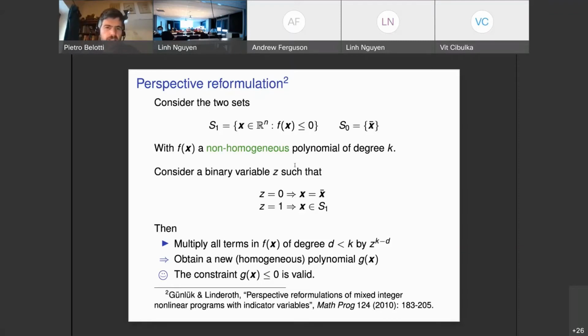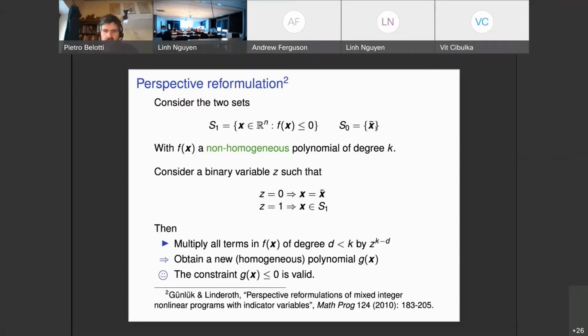Suppose you have a set S1 that is described by the set of points x in Rn such that f of x is less than or equal to 0. And suppose there's another set S0 that is just defined by a single point x bar. And let's suppose for now that, in general, f of x is a non-homogeneous polynomial of degree k. We can easily think about this as any non-homogeneous quadratic function.